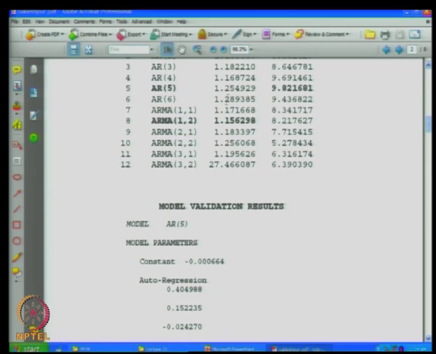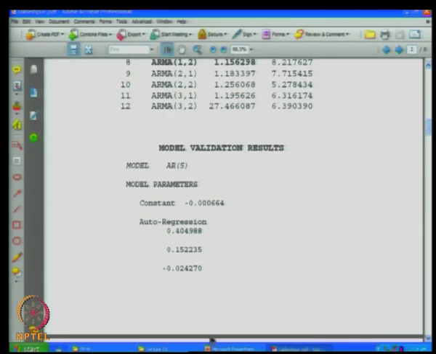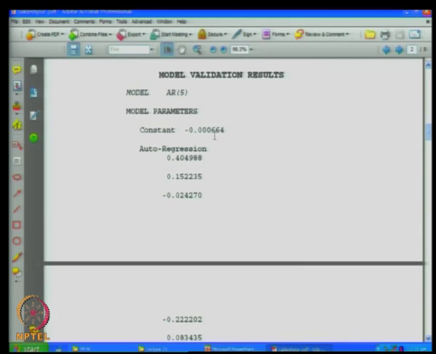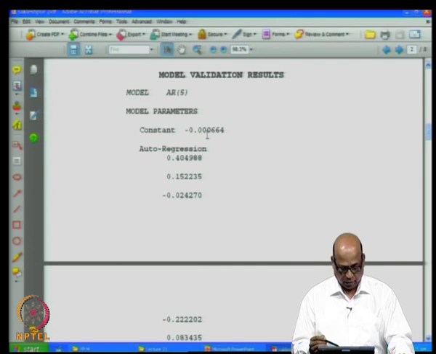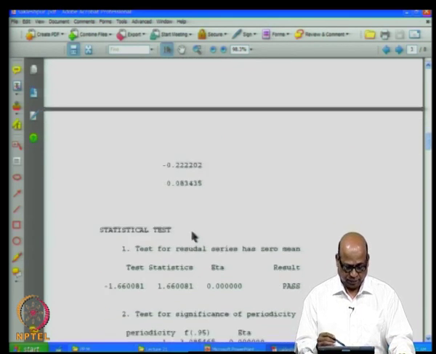First, you would have got the parameters for AR5. These are the model parameters 1, 2, 3, 4, 5. 5 model parameters for AR, and then there is a constant. Then we do the significance test. First, the test for the residual series, to examine whether it has a 0 mean.